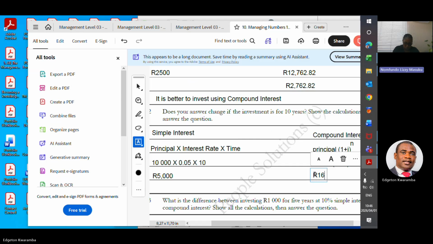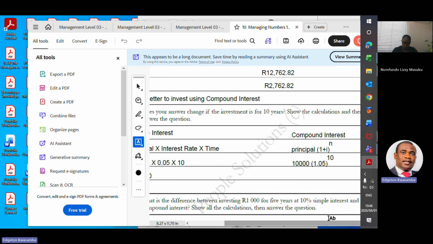I'm getting 10,001. Is that correct? Did you say 10,000? All right, let's do it together. Don't worry. It should get to around 16, but let's do it together. 1.05, and then you go to that x to the power y, then you say 10.